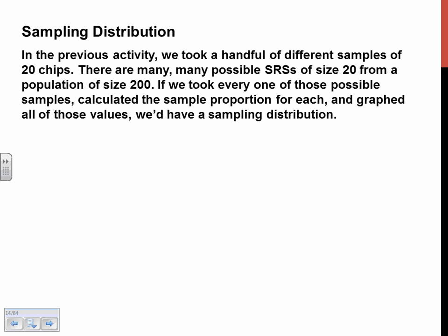All right, so in this activity, we took a handful of different samples of 20 chips. There are many possible samples that we could take of size 20 from the population of 200. If we took every one of those possible samples, calculated the sample proportion for each, and graphed all of the values, we'd have a sampling distribution. Okay?